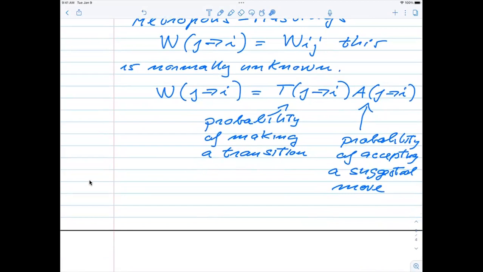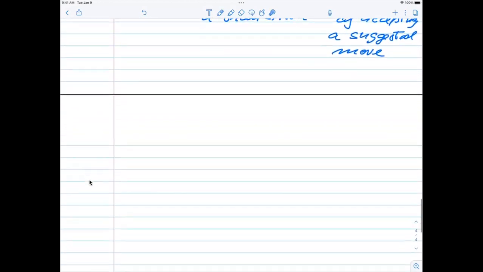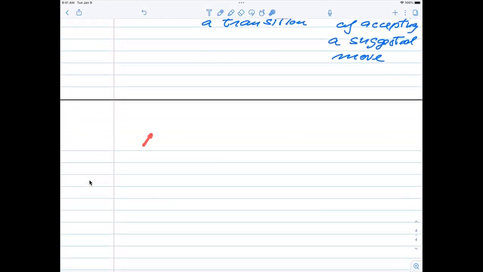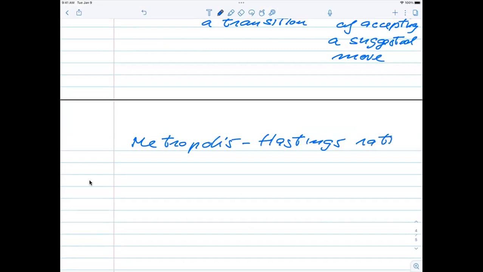In our case, this probability is given by the little w. If we now look at the Metropolis algorithm, which we went through last time, what we end up with is what is normally called the Metropolis-Hastings ratio, based on detailed balance.